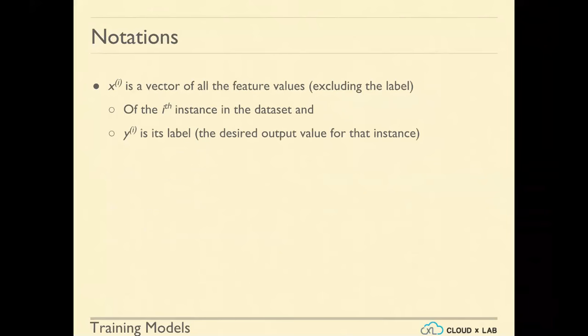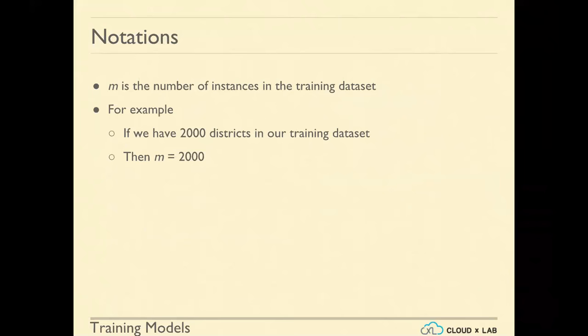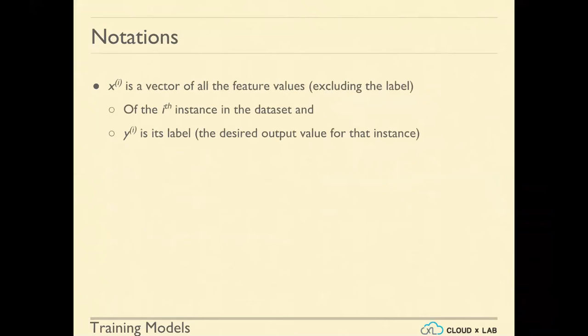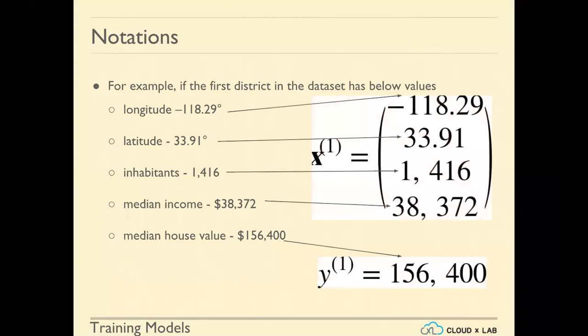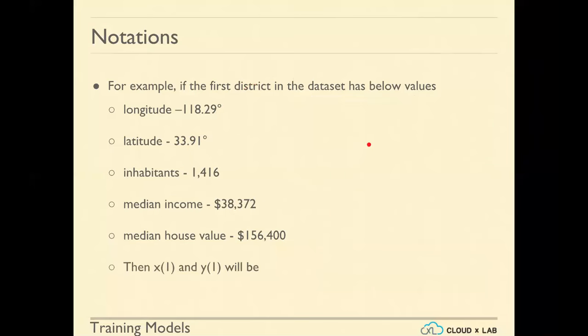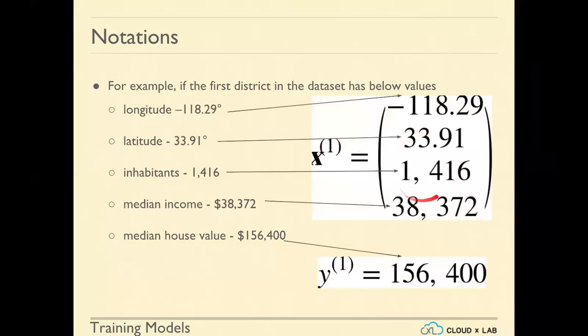So we were talking about notations. M is the number of instances, and X superscript I is a vector of all the features. And for example, if the first district in the dataset below has the values longitude, latitude, inhabitants, and the median income is this much, then X1 and Y1 will be this.